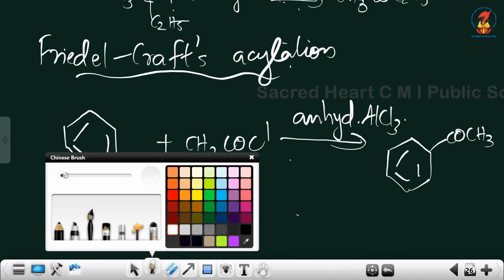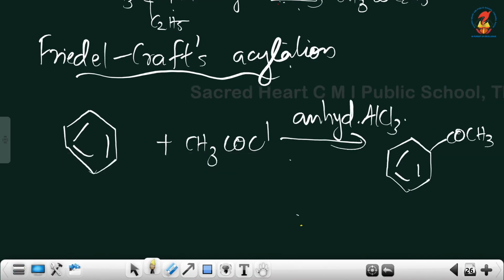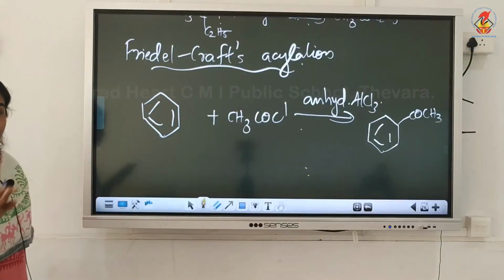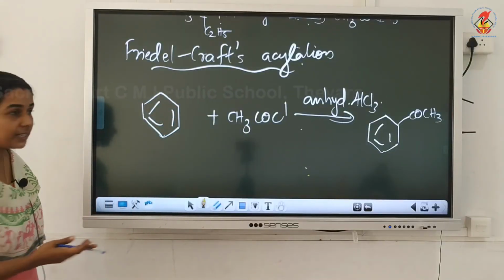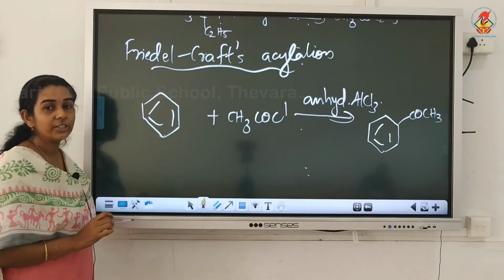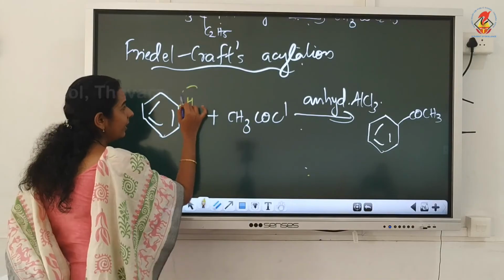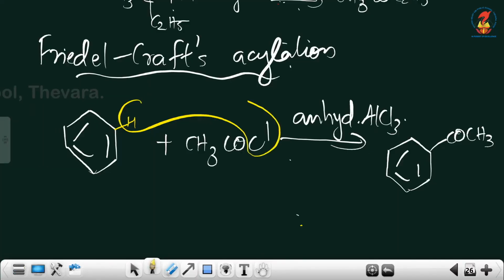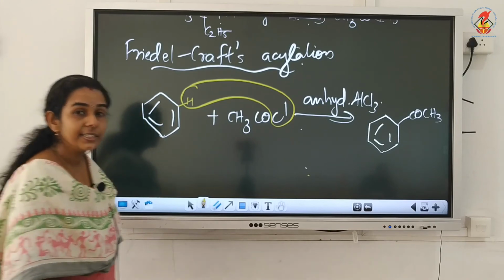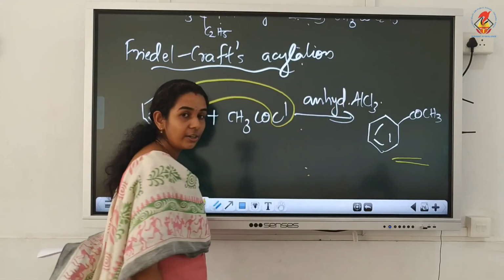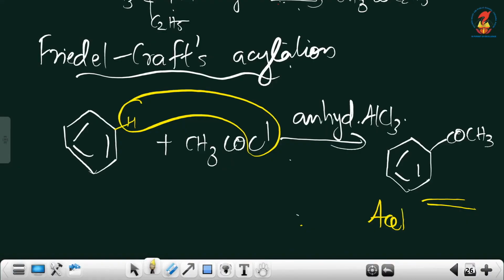COCH3. From any position here, since there are no other substituents or functional groups present, all these six positions are equivalent. So from any one position it will take hydrogen and eliminate HCl. The remaining part, COCH3, will be introduced to the ring, and we get the very familiar compound acetophenone, which is a ketone.